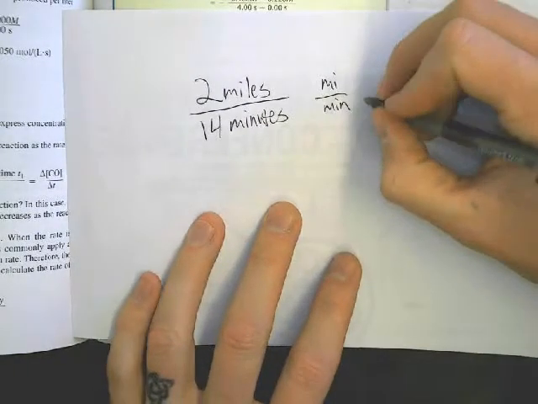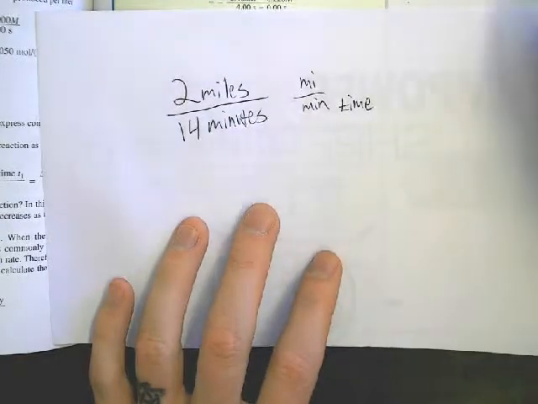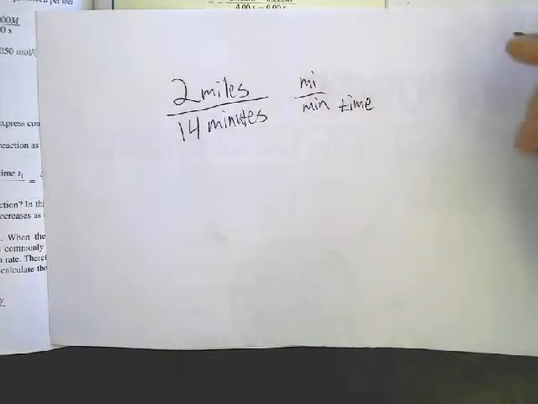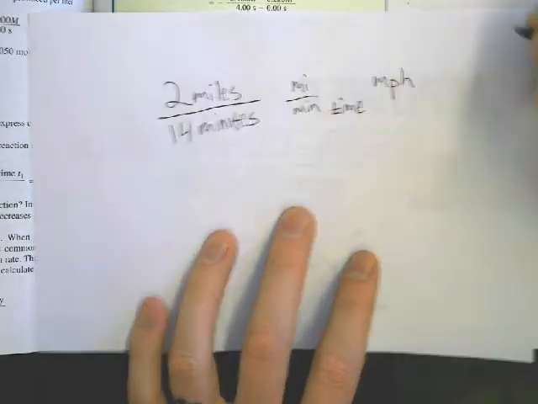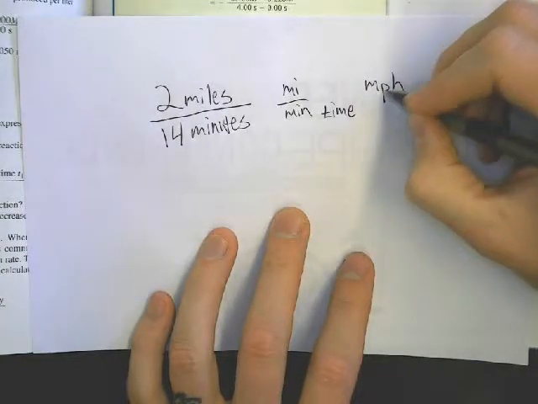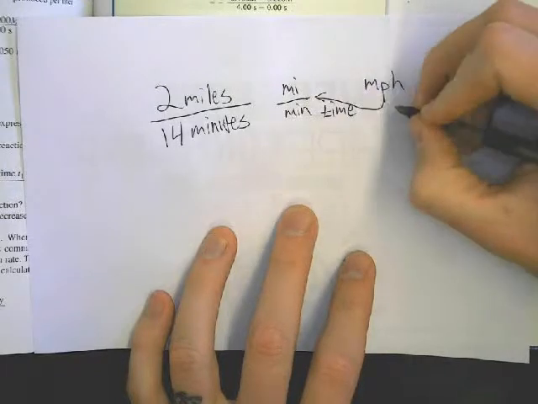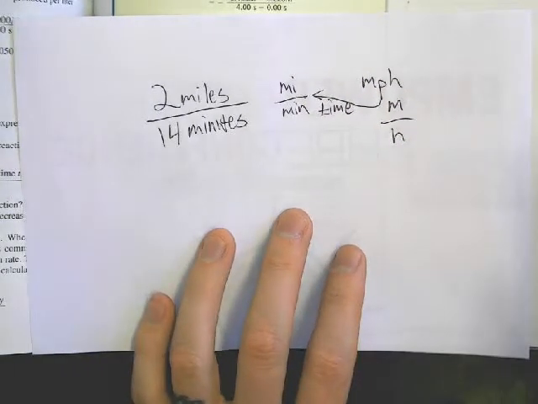Now you notice how time is on the bottom? If we have time on the bottom, it turns it into that rate. So with a car, usually we measure it miles per hour, right?